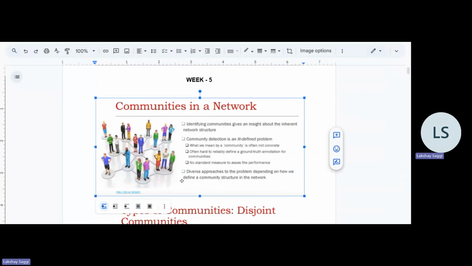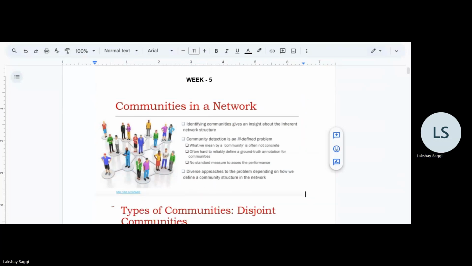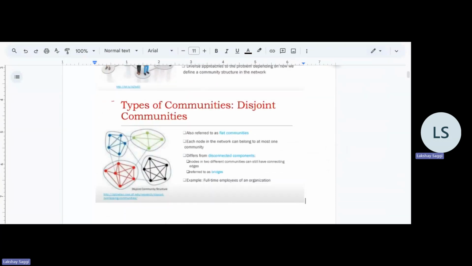There can be various kinds of definitions for communities, and so there can be diverse approaches to the problem. So maybe we'll first go through what kinds of communities there are, and discuss some of the actual definitions which are used in different contexts for community.